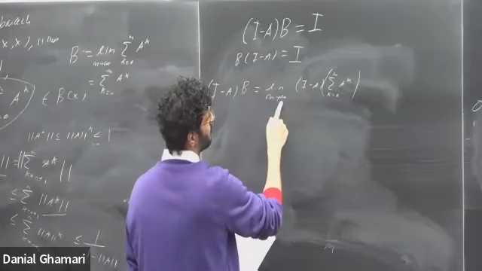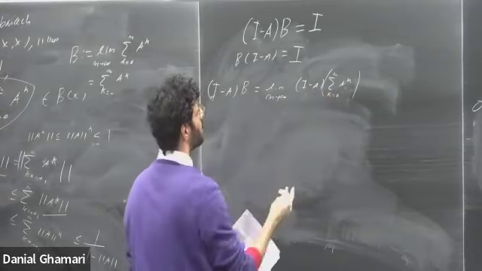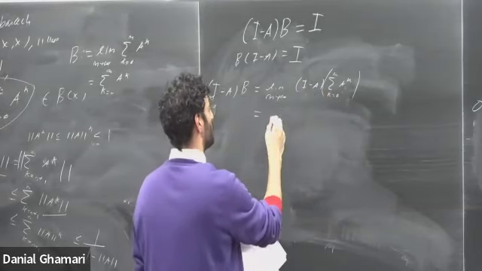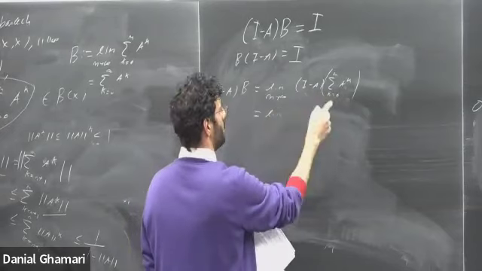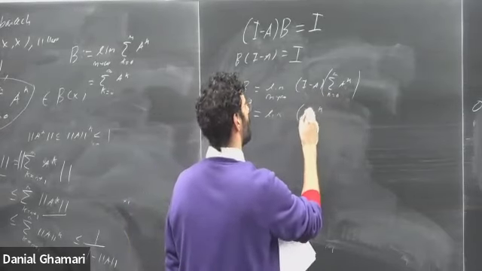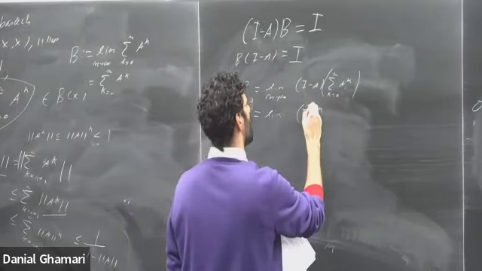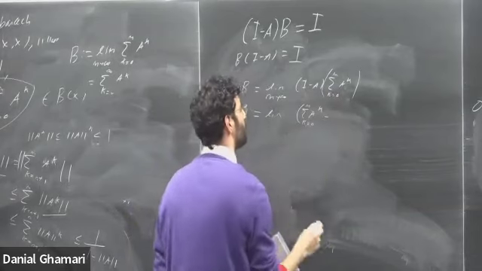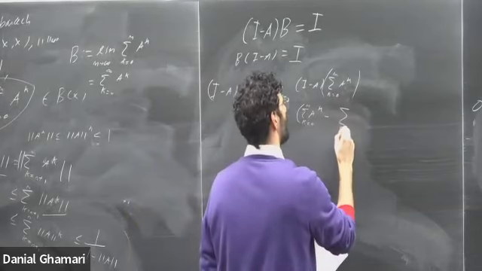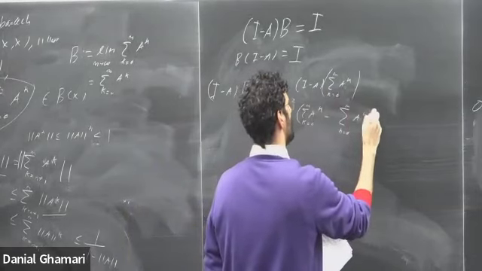Here this converges, therefore the limit of the product also converges. So I can take the limit and then distribute this through. So I have the sum of a to the k from k equals 0 to m, minus the sum from k equals 0 of a to the k plus 1.